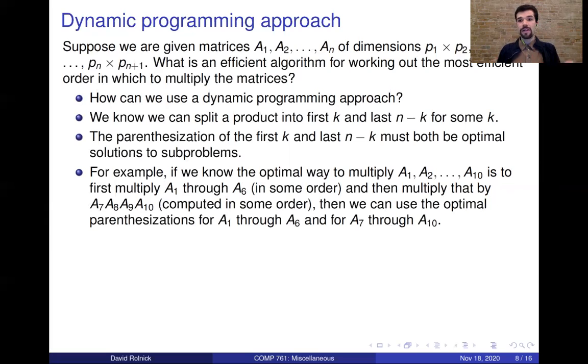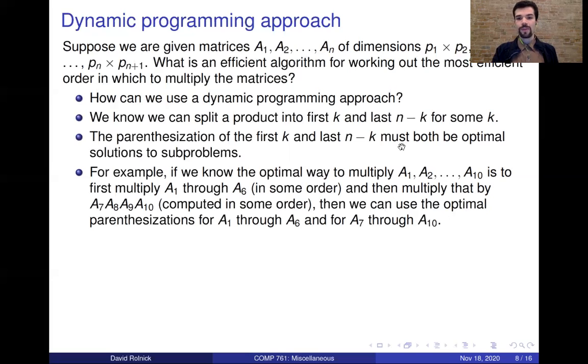Because a subset of an optimal order is going to be an optimal order. That's the important thing in dynamic programming. We'll see an example in a bit where this isn't the case, or sort of seems like it might be the case.